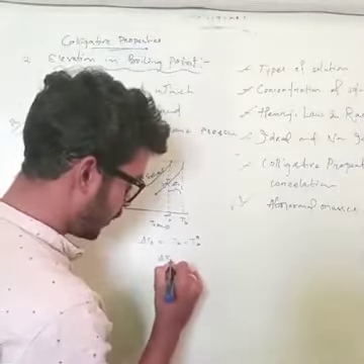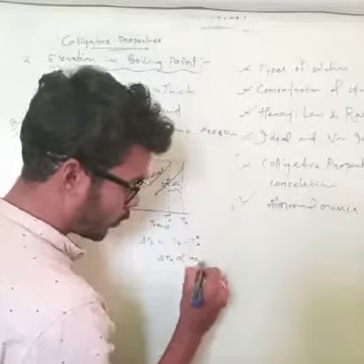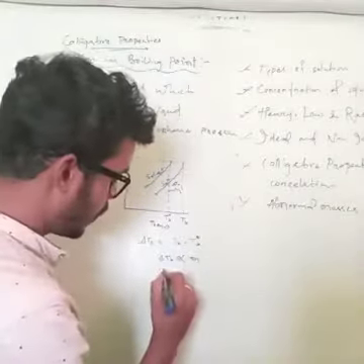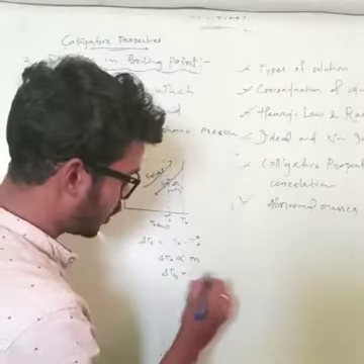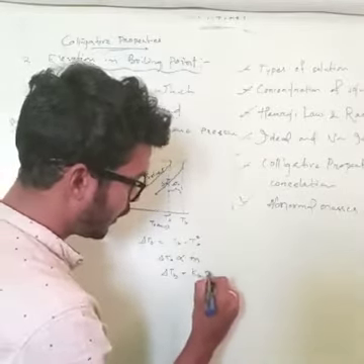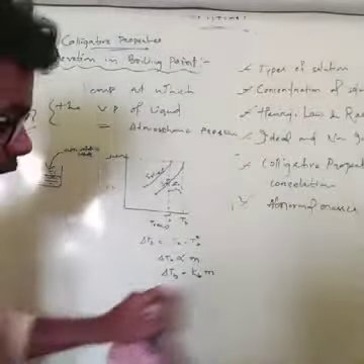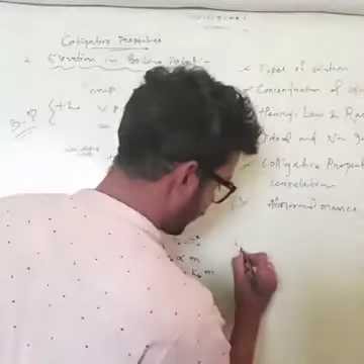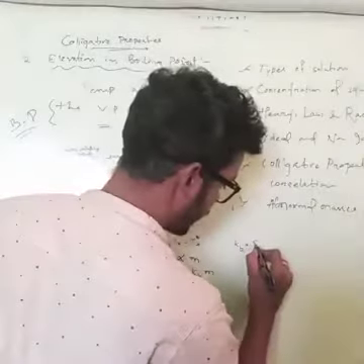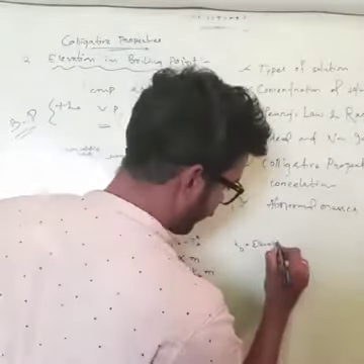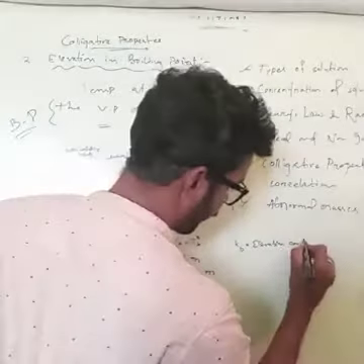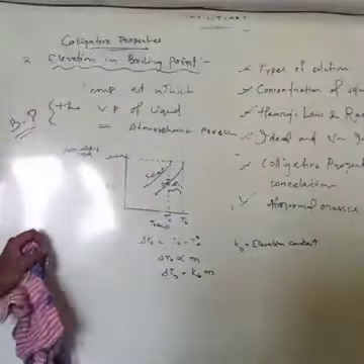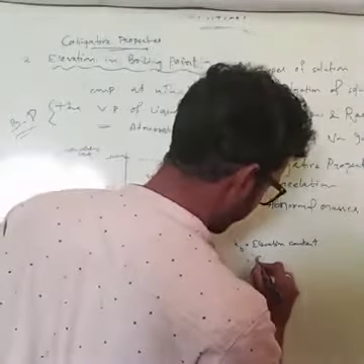So delta TB is directly proportional to molality m, or delta TB equals Kb into molality. What is Kb? Kb is the elevation constant, or proportionality constant, or ebullioscopic constant.